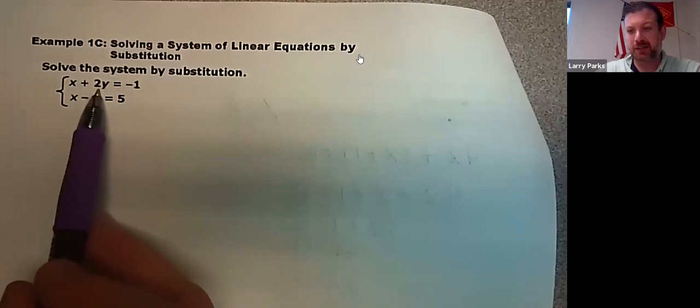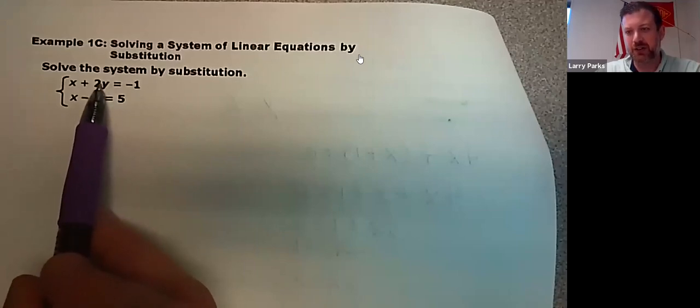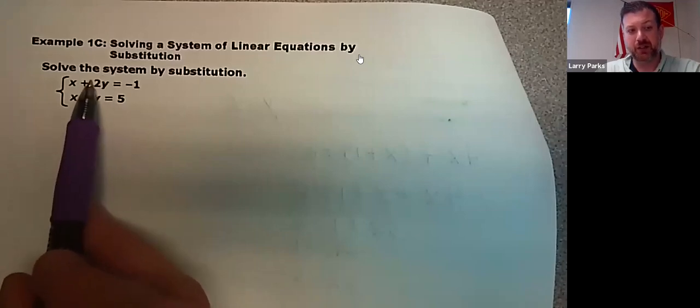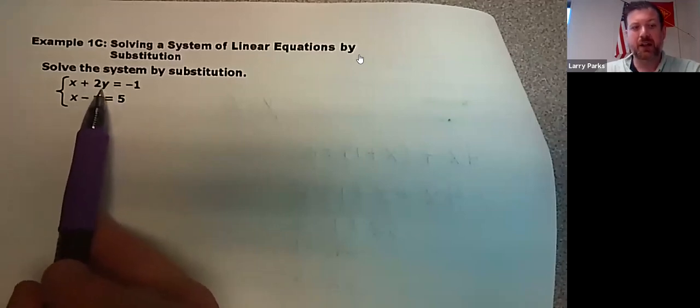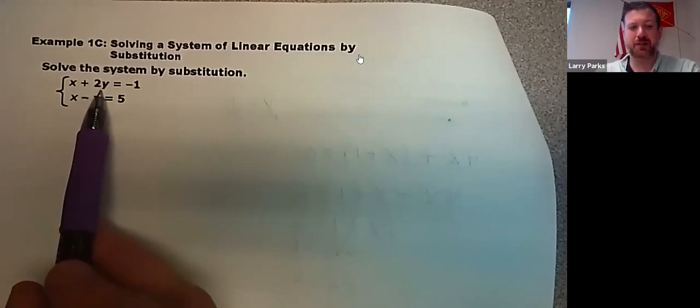If they have a number in front of it, I would not isolate for that variable because at the end you have to divide by that number and you get fractions. You could isolate for y if you want, but then at the end you divide by 2, and I think you get negative 1/2 x minus 1/2, and you have to plug that into the other equation. So I would not mess with fractions unless you just love fractions.